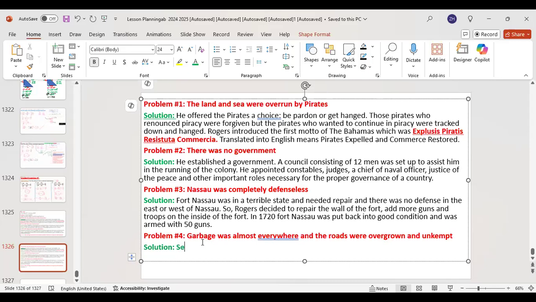So settlers, those people who live there, and ex-pirates were made to clear overgrown paths and clean up the garbage from public spaces.